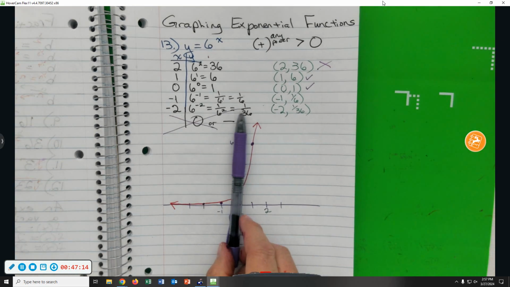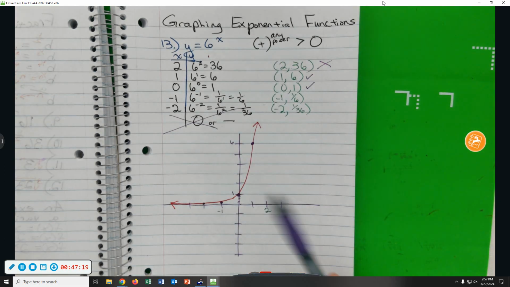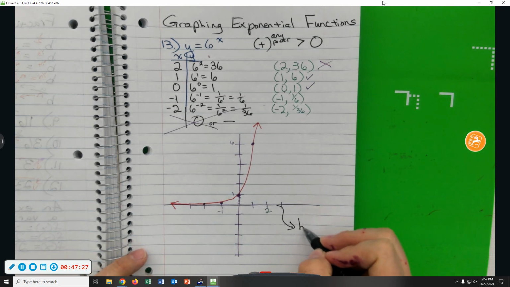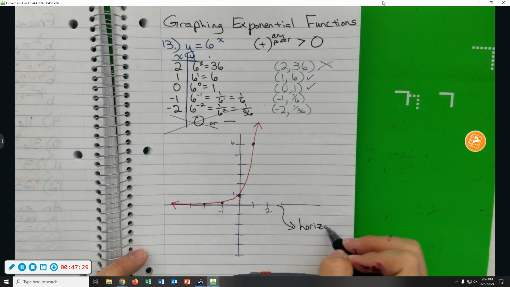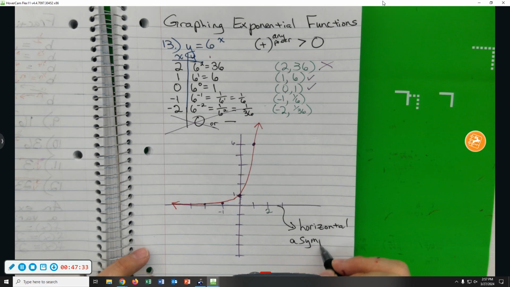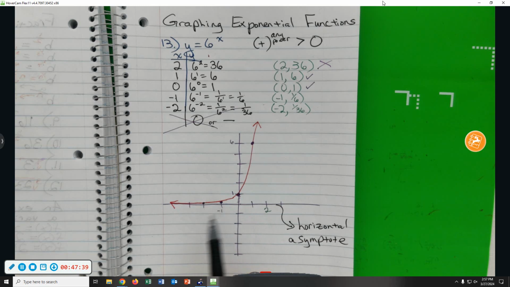This right side is increasing very rapidly to a point it's almost vertical. We say in this case that the x-axis is a horizontal asymptote, or we can say that the curve is approaching the x-axis asymptotically.